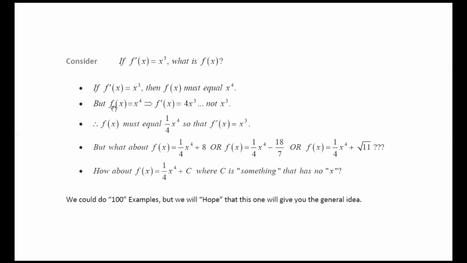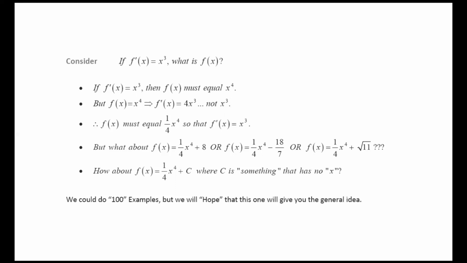So if we assume that f of x equals x to the fourth, let's check and see. Let's take the derivative of x to the fourth. We get 4x cubed, not x cubed. So 4x cubed is not the function that gives us a derivative of x cubed.